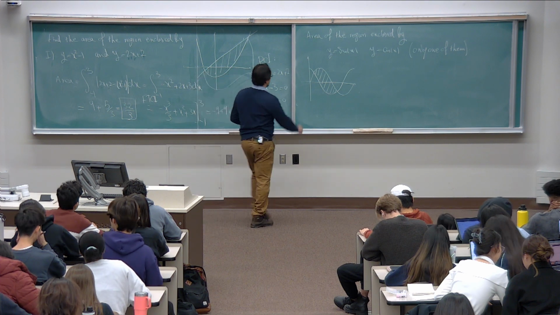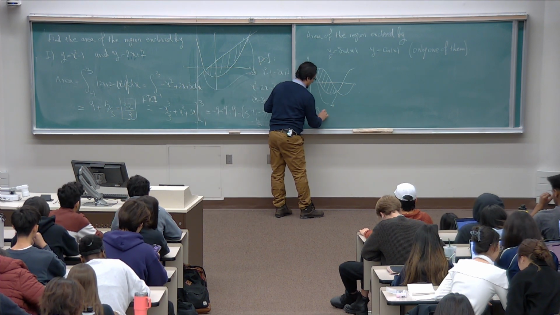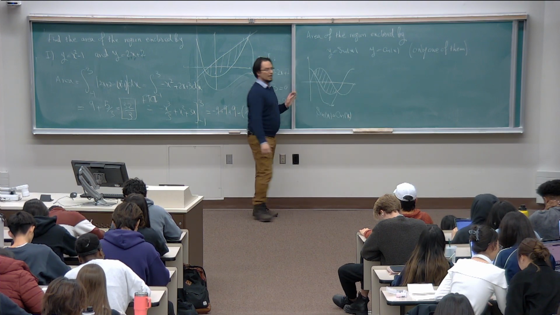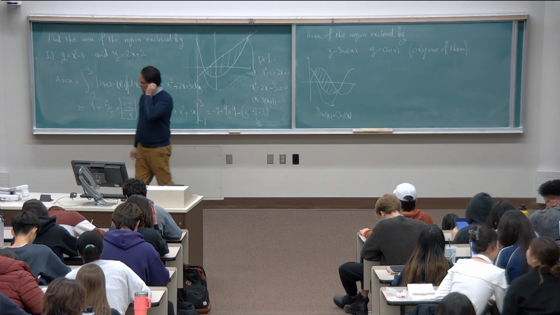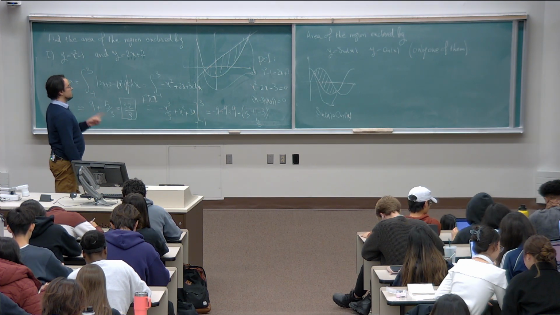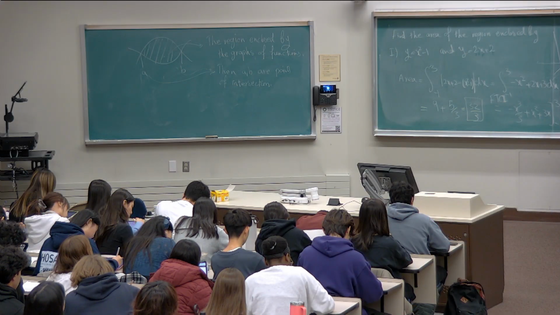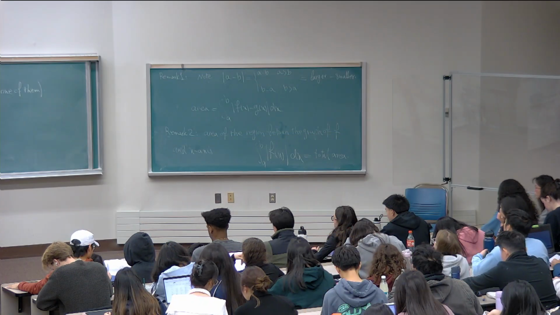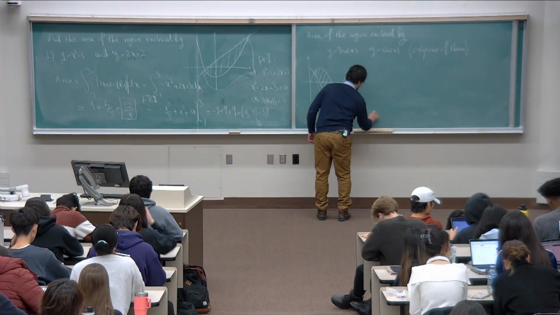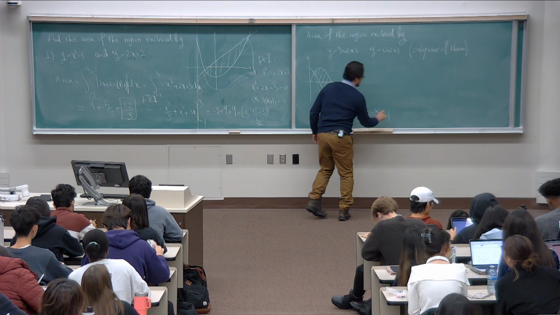Now, what are the endpoints? Okay, so I have to set sine x equal to cosine x, and I have to solve that. Well, I know that what makes cosine 0 is not an answer to this question, because wherever that makes this one 0, sine will be either 1 or negative 1. That implies that I can divide both sides by cosine.